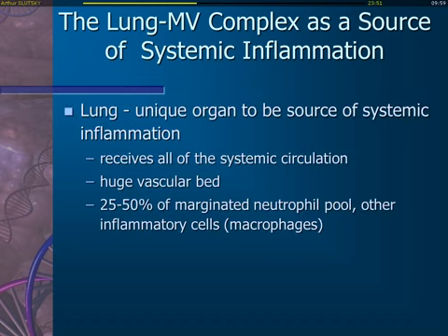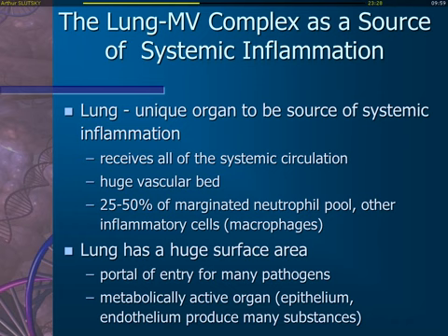The reason is that the lung is a pretty unique organ. First of all, virtually all of the circulation goes through the lung. It has this huge vascular bed, and there are many, many neutrophils, as you know, just marginated in the lung, waiting to be activated. And they're there for a good purpose, to try and prevent problems if you inhale bacteria or viruses, so those cells are ready to act.